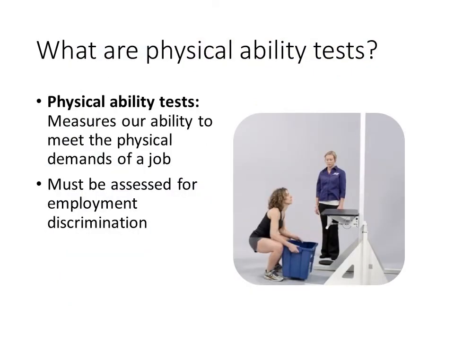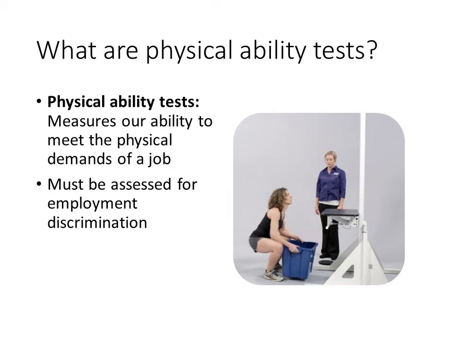For jobs that require physical abilities, we can measure people's capacity to meet those physical demands. Physical ability tests often assess multiple characteristics at the same time, characteristics like strength, balance, speed.